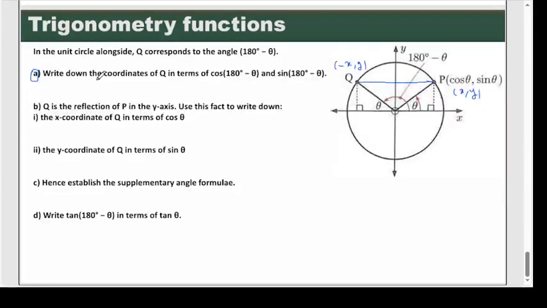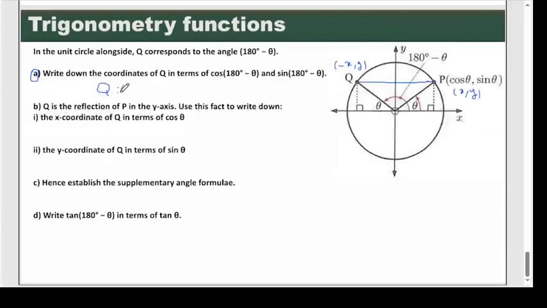It says write down the coordinate of Q in terms of cosine 180 minus theta and sine 180 minus theta.